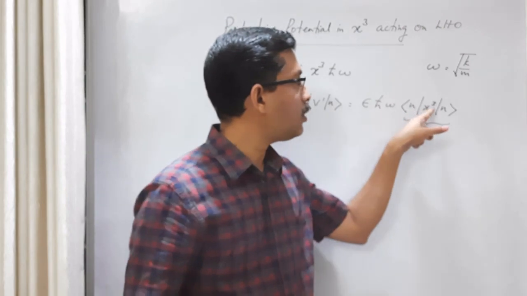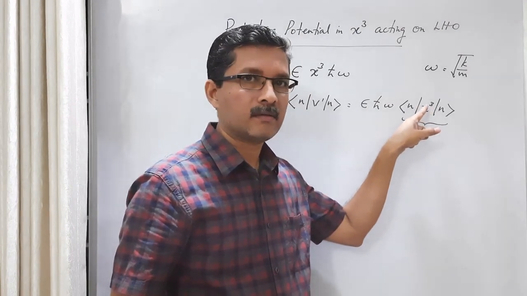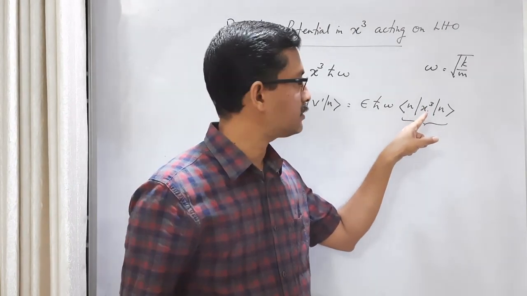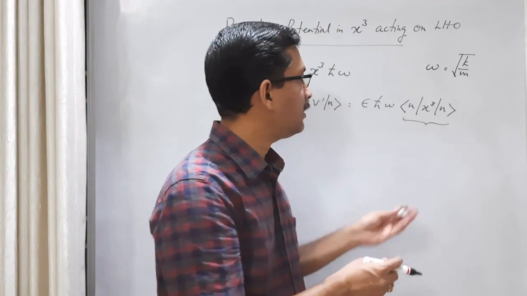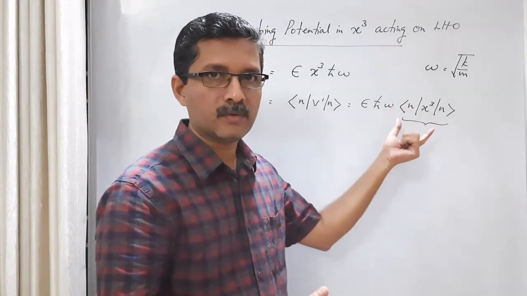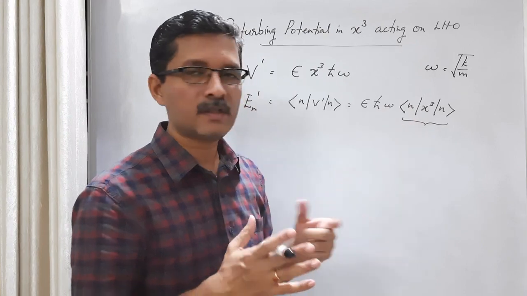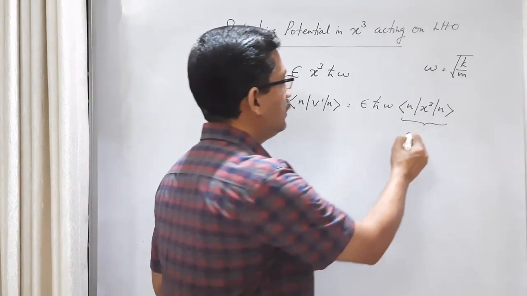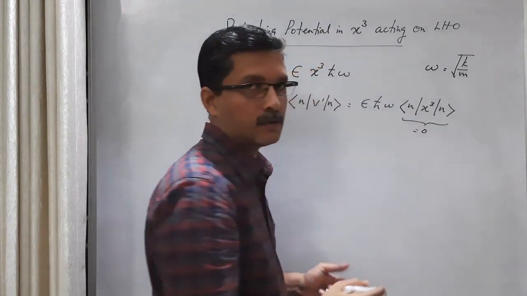If we have an odd power of x here, either x or x cube or x raised to 5, this is the expectation value of x cube. But if it is the expectation value of any odd power of x, this will give you 0.